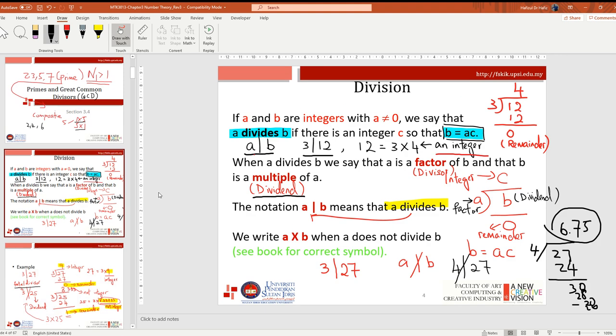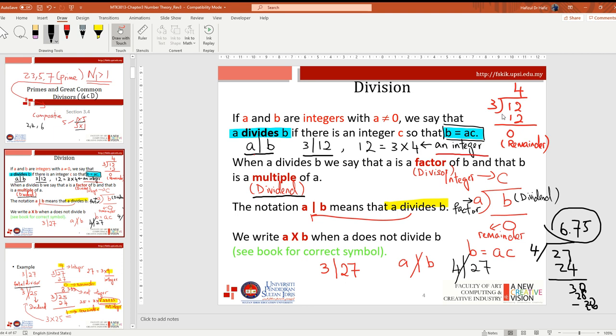Okay, and then division. Division I have explained. If A and B are integers with A not equal to 0, we can say that A divides B if there is an integer C such that B is equal to A multiplied by C. For example, 3 divides 12, because 12 is equal to 3 multiplied by 4, and 4 is an integer.